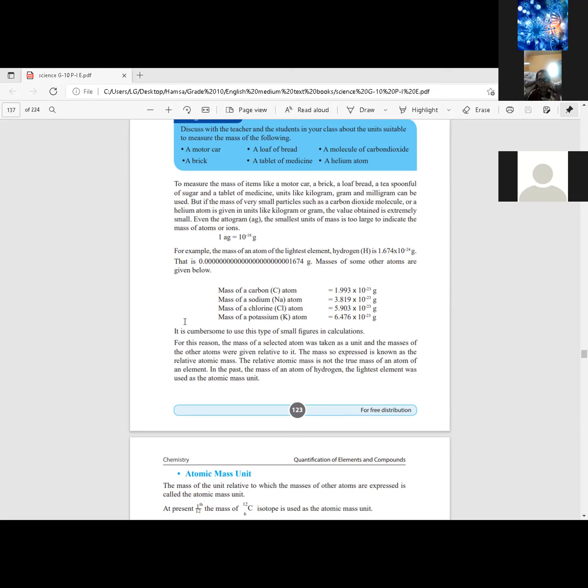That is called relative atomic mass. Atomic mass means mass of an atom. Relative atomic mass means the mass is related to the selected atom. Understood?